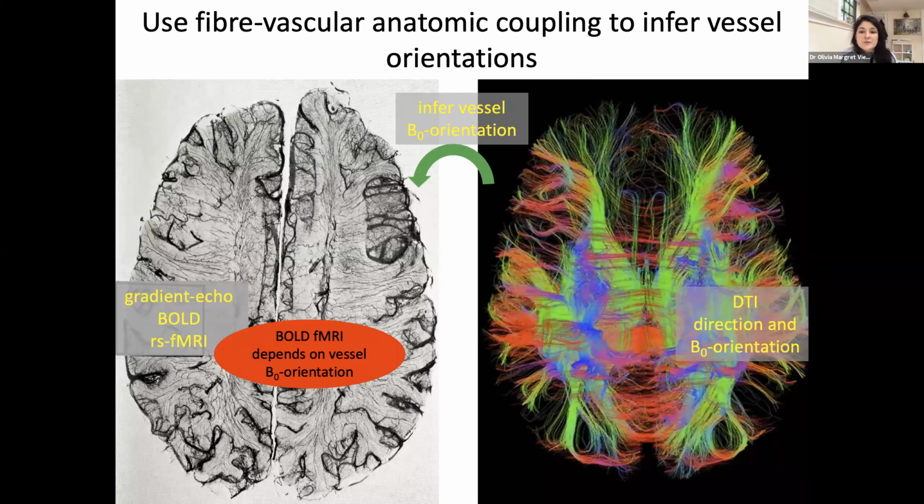We used the geometric coupling between pial surface vessels and the cortical surface previously to infer the pial vessel orientation. And here we will use fiber direction estimates to infer vessel orientation to the B0 field axis. As we discussed before, BOLD strongly depends on vessel orientation to B0, and we will use this dependence to identify dynamic sources of BOLD in the white matter.